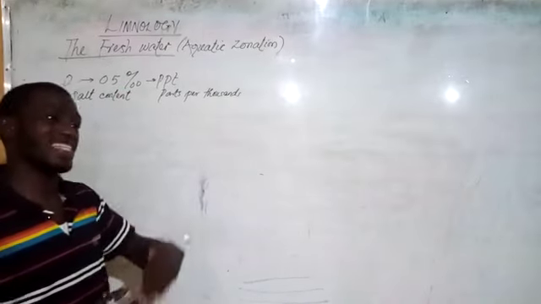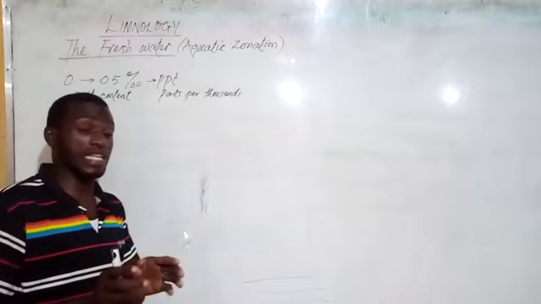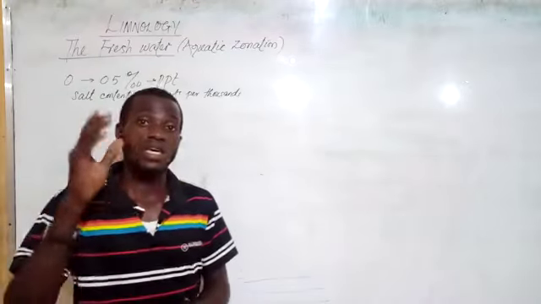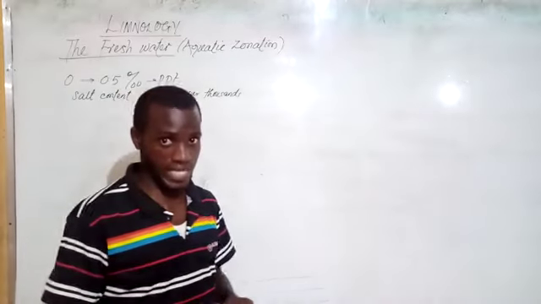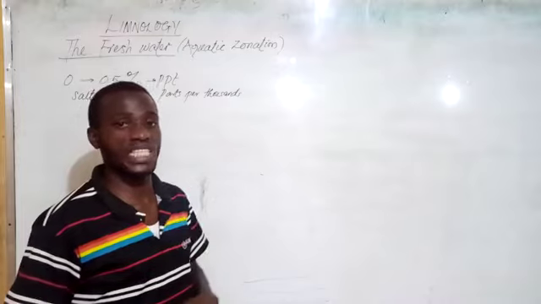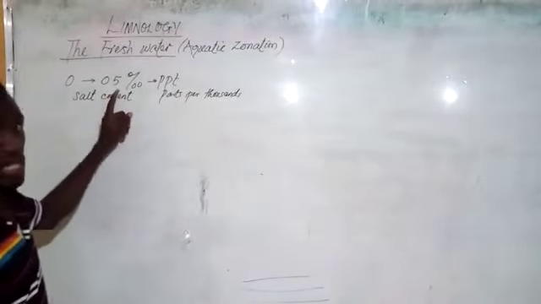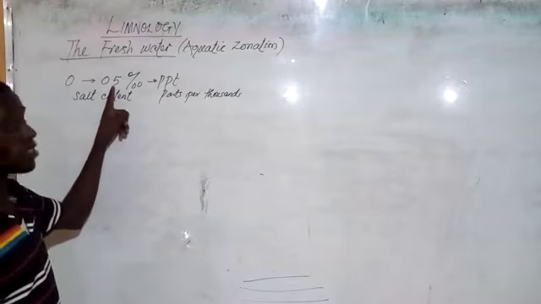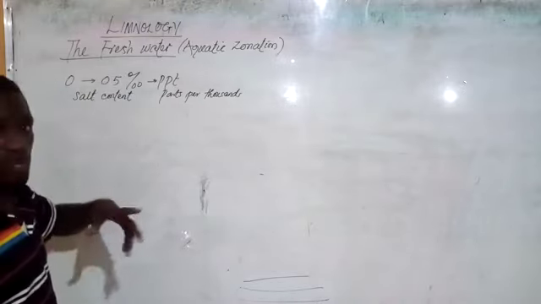Any water that has from 1 to 33 parts per thousand is seen as an estuary, and anything above 33 is going to be seen as marine water. So once it has below 0.5, then it is considered as a freshwater.